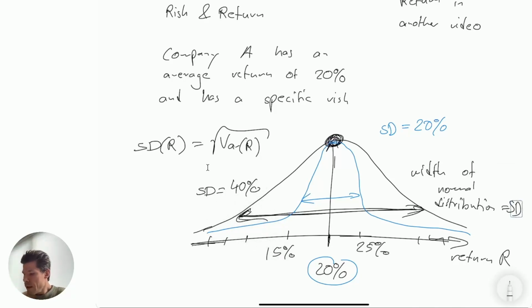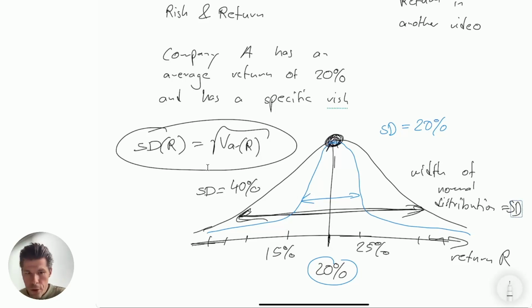Standard deviation and variance are basically the same, for sure not from a mathematical perspective, but in finance I would urge you to use standard deviation, because the unit is in percentage, and the magnitude is also more similar to our return figure.